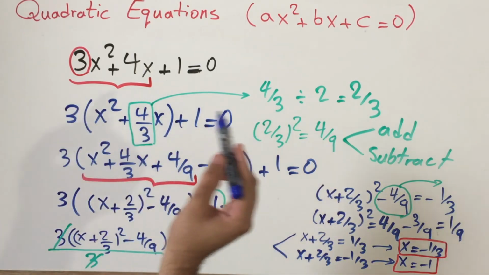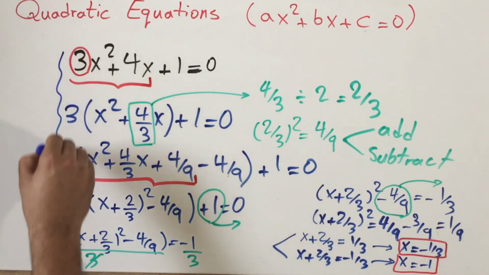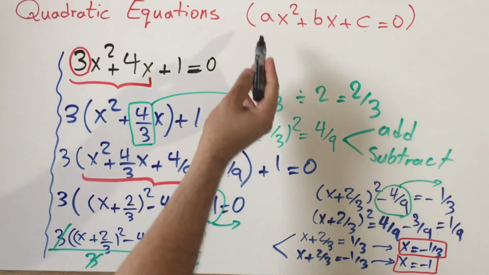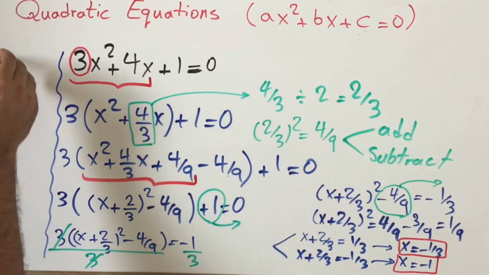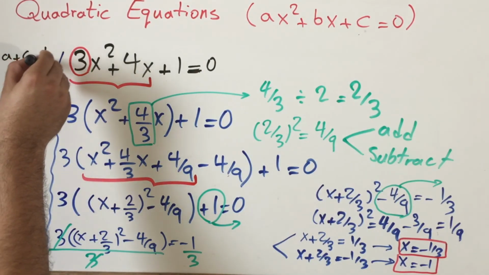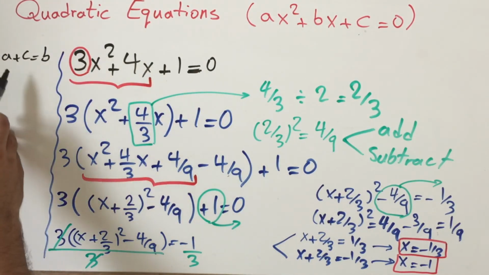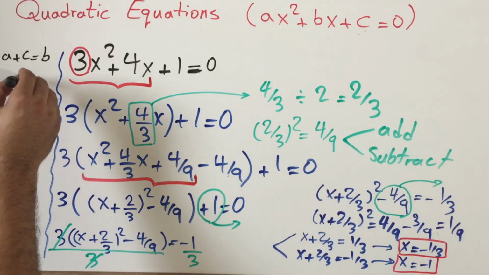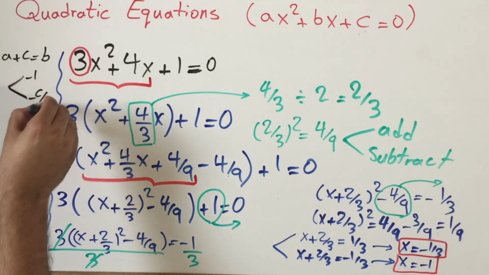If A plus C is B, in any quadratic equation, if A plus C is B, your solutions of the equation are always negative 1 and negative C over A.